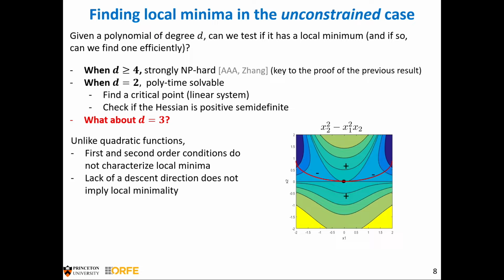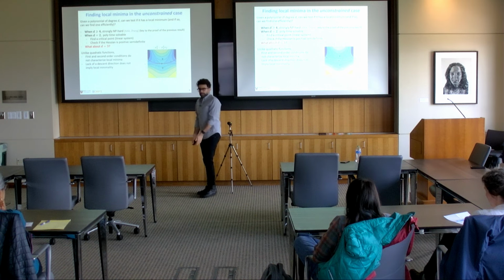I'm plotting its level sets in x1, x2 space, and I'm showing you where the polynomial is positive. It's positive above this parabola and negative in between. And now let's look at the origin and think together if the origin is a local minimum. If I'm sitting at the origin and looking along any line, in any direction, then I claim that I will see the function immediately increasing.